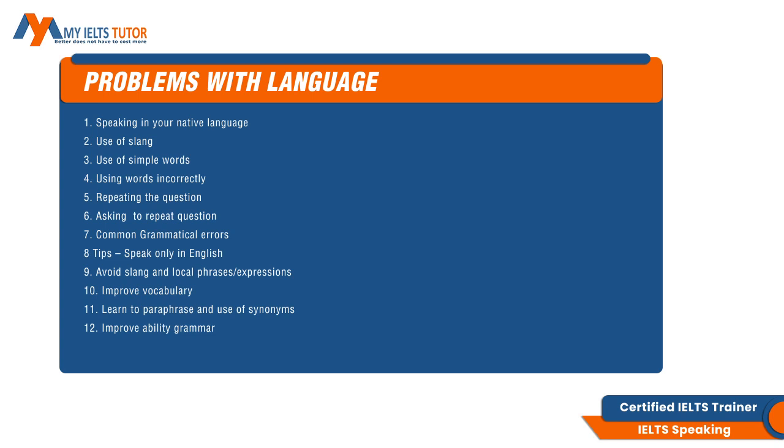You also want to avoid slang and phrases that are used only in your country. For instance, I live in India, and there are many expressions in English which are used nowhere else. A person such as me, or maybe even the scorer, who could be from a different country, may not understand what you mean. If you say passing out, you may be referring to graduating from your secondary school or your university.